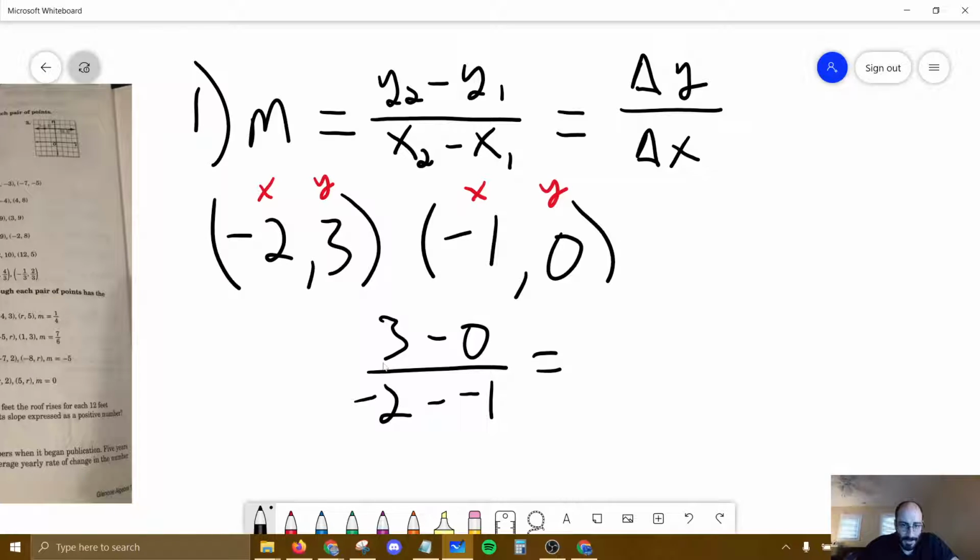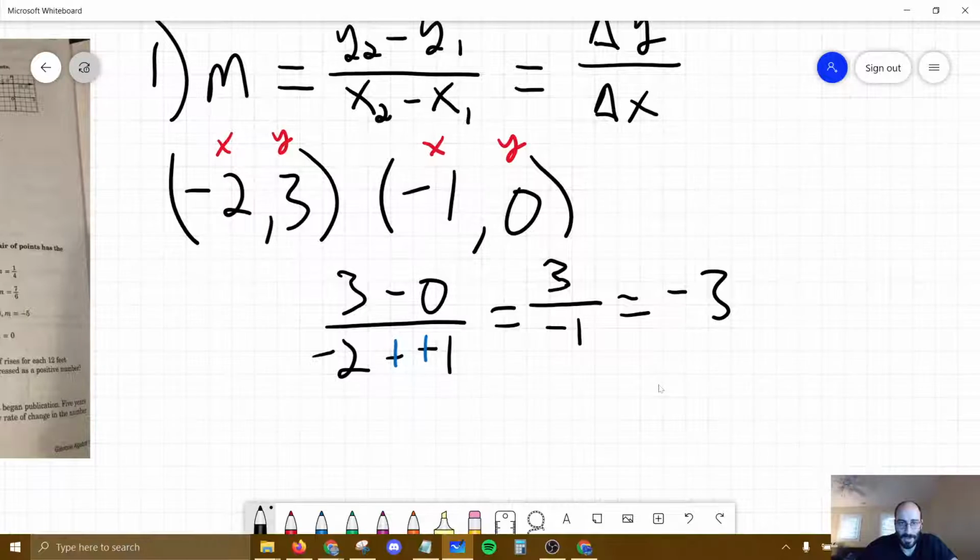On top I have 3 minus 0, which is 3. On the bottom I have negative 2 minus negative 1. I was always taught, if you have minus and negative, you change it to plus, and you change that to positive. What do we get? Negative 2 plus 1, which is negative 1. Well, 3 over negative 1 is negative 3. That's the same as 3 divided by negative 1.